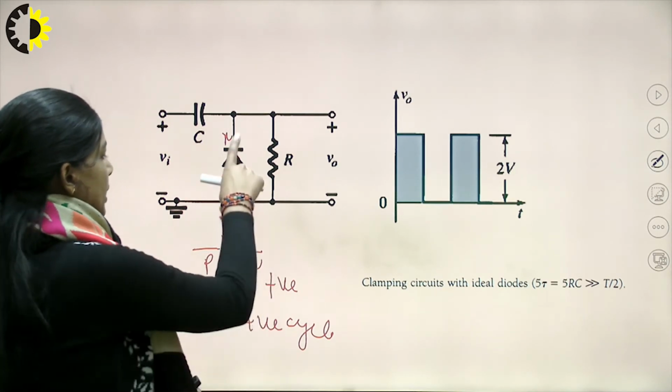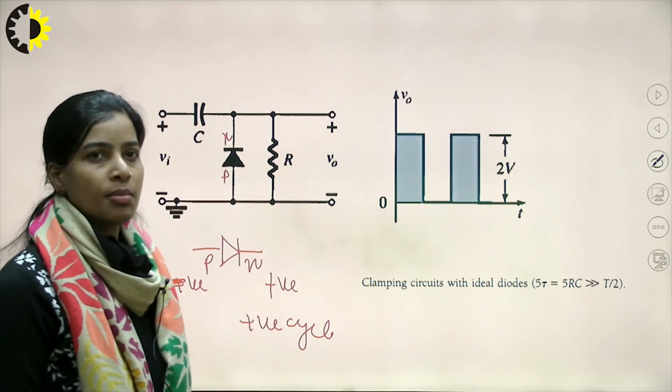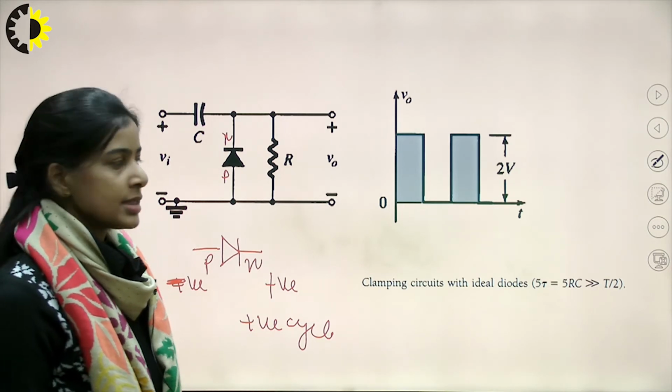So, the diode will be reverse biased for the positive half cycle.